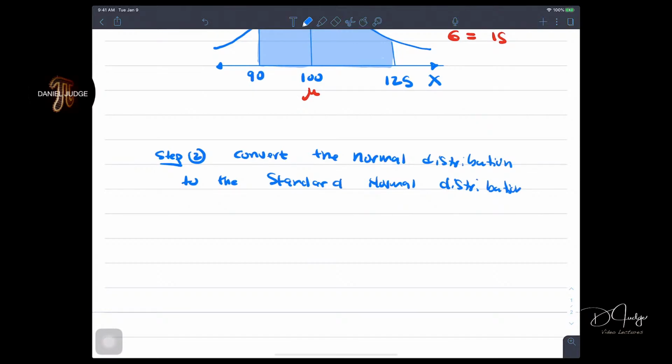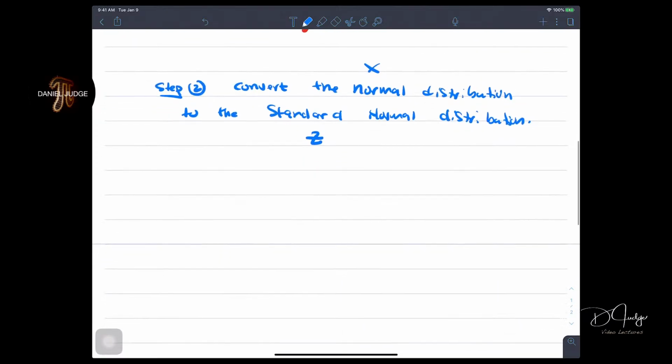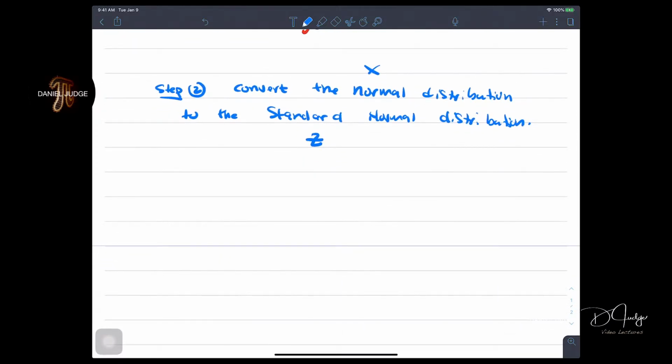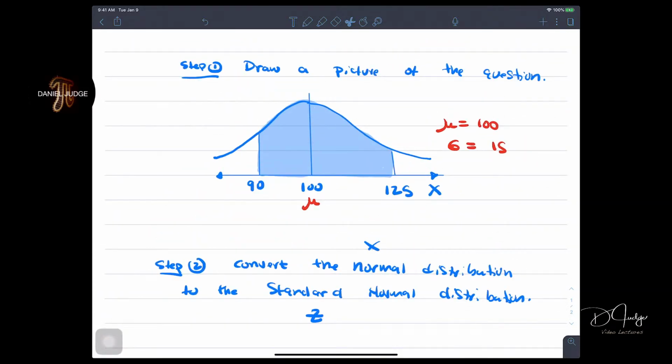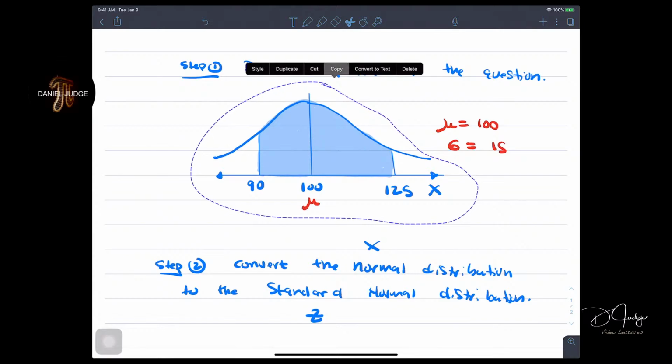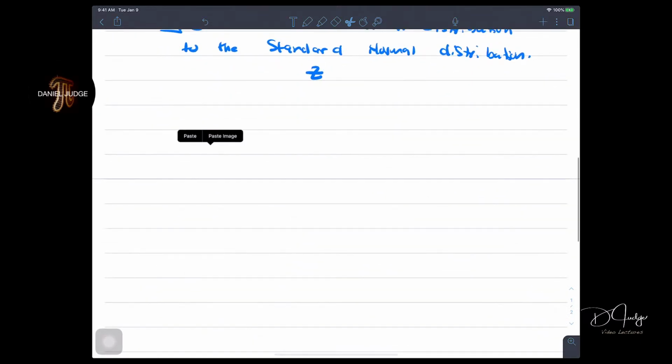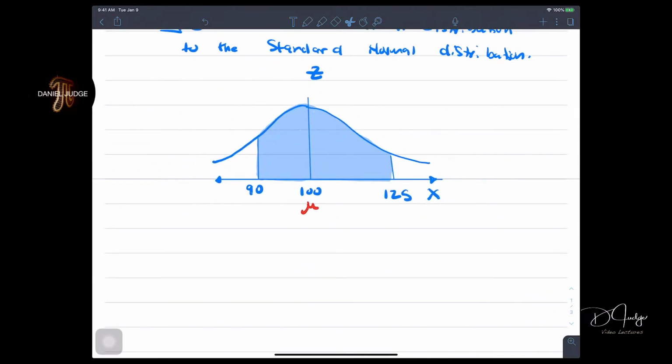If your normal distribution is represented by the random variable x, the standard normal is z. That's the table you were working with last time. So this is a conversion step. What I'm going to do is copy everything you have here and paste it here.